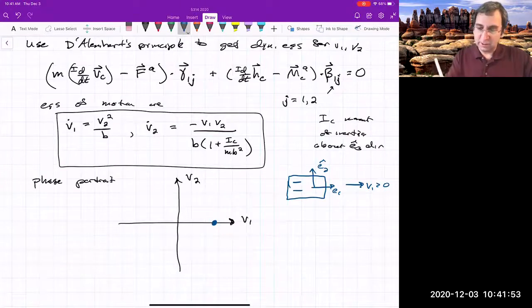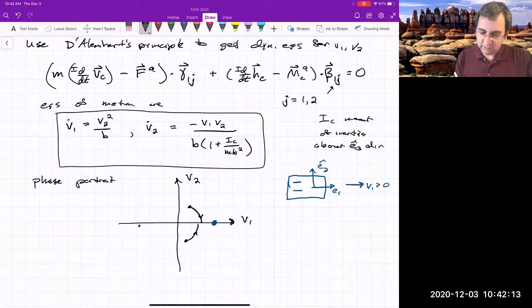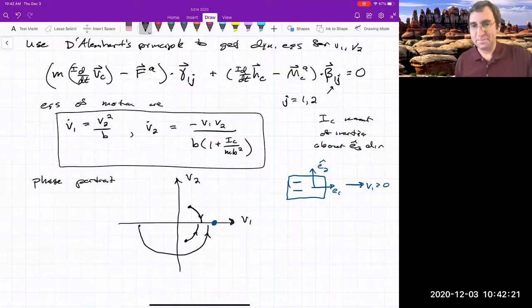How do I know it's stable? If I pick some other initial condition, like up here, I kind of go in this arc until I hit the positive V1 axis. That is true wherever I start, I'll hit the positive V1 axis. In fact, if I start on this other side, I'll make some ellipse and I'll end up on the positive V1 axis.